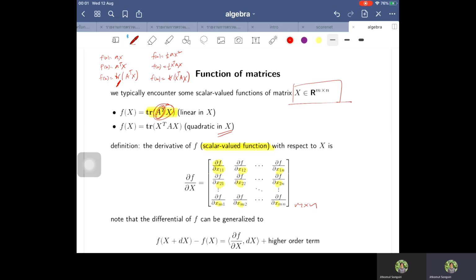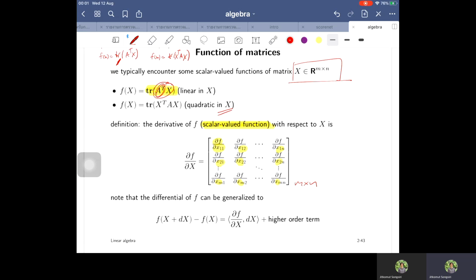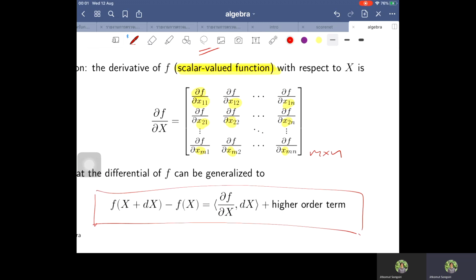The differential of f can be generalized to the following identity as well. When you make a perturbation of X, dx means a very small perturbation in X, so that X plus dx is still in the domain of f.